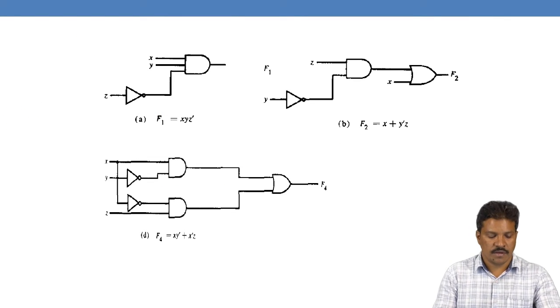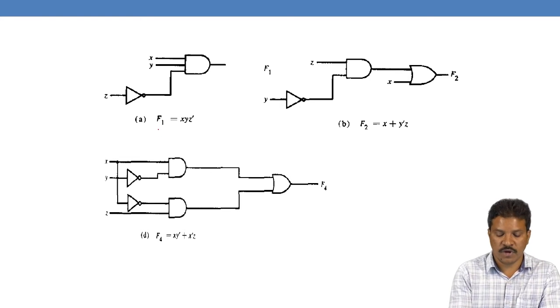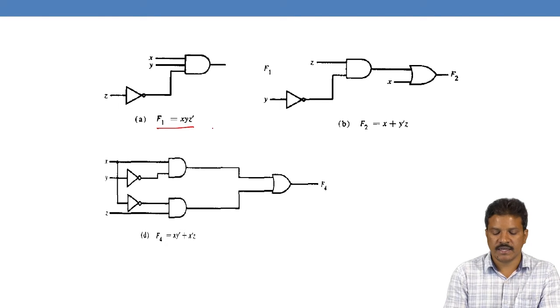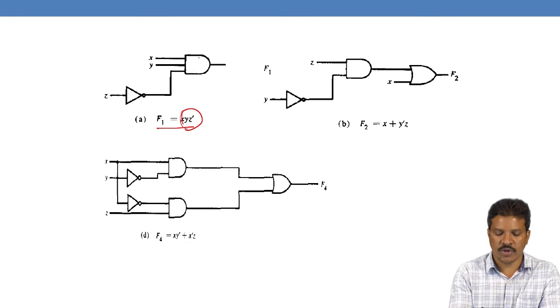This is the implementation of those Boolean functions. We have not yet studied logic gates, but I am explaining how to connect those Boolean functions in diagrammatic form. So f1 is equal to x y z bar. It is totally an AND operation, so we need one AND gate, and there is one complemented term z bar, so we need one inverter.